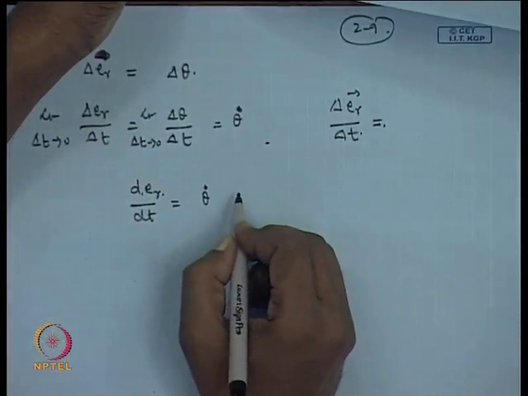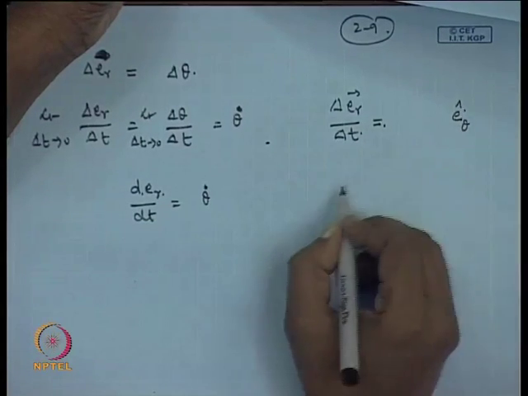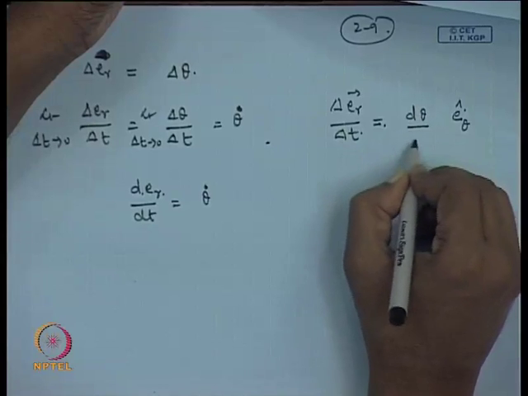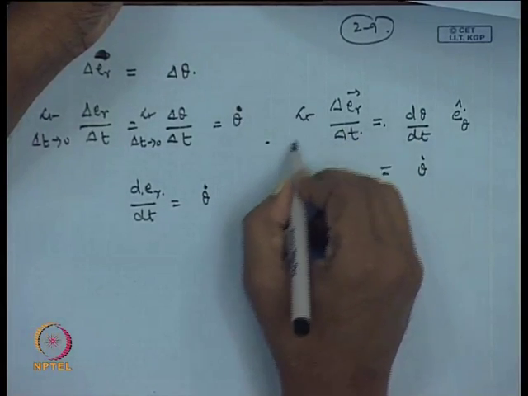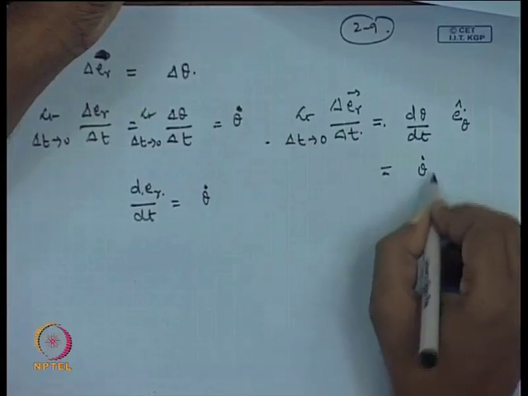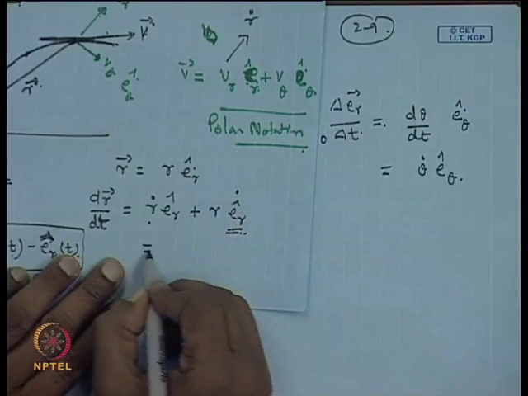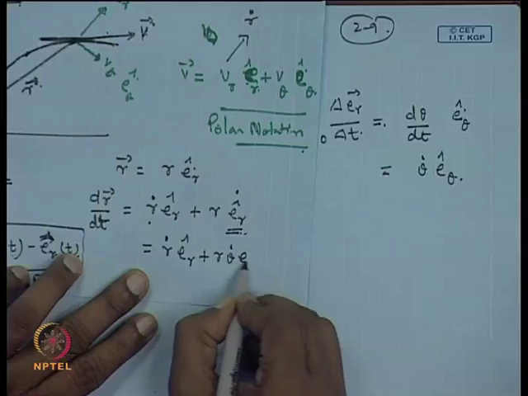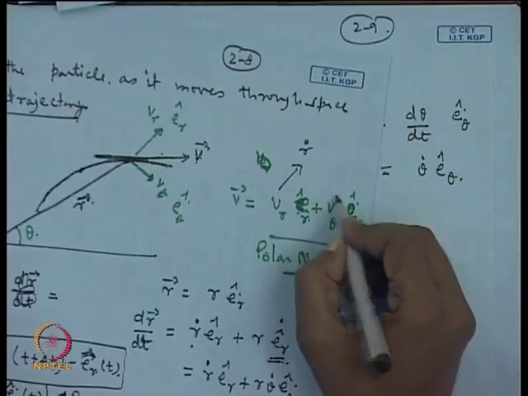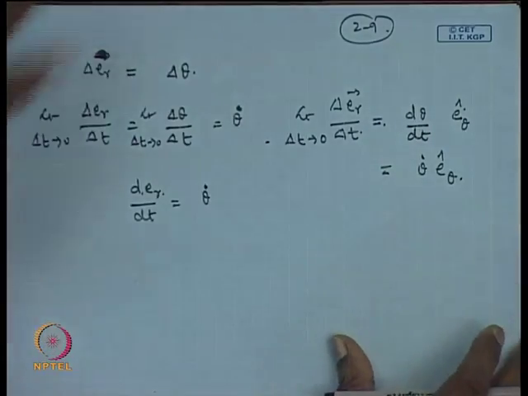Therefore, it is directed along the E theta direction, and in the limit delta t tends to 0 you can write it as E theta cap. Substituting here, we can write r dot E r cap plus r times theta dot E theta cap, and this V theta is nothing but r times theta dot. So, this is all about the polar coordinate.